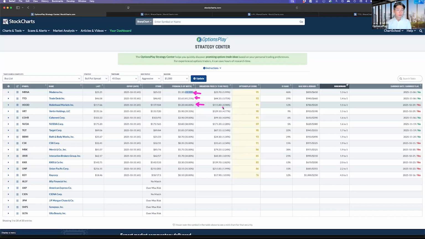And after we built the tool, we partnered with Stockcharts just because I really like the capabilities that Stockcharts has in terms of screening and charting. And we just found that this was a really good partnership where you can get the best of both worlds, the best technical analysis tools with the best options tools.